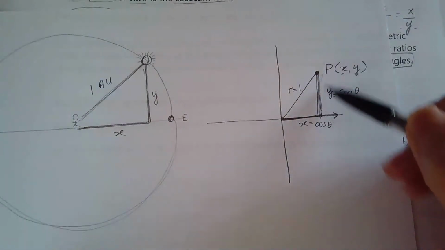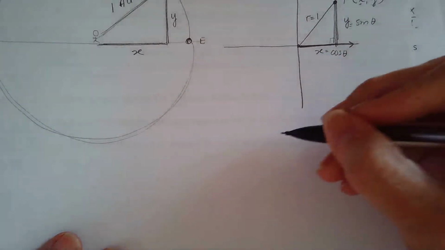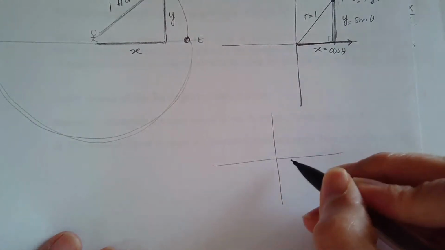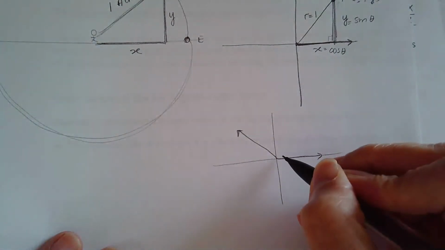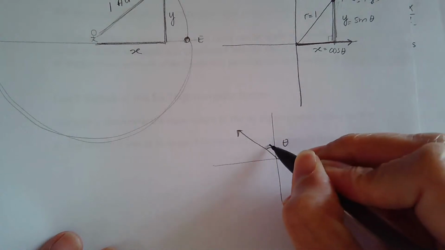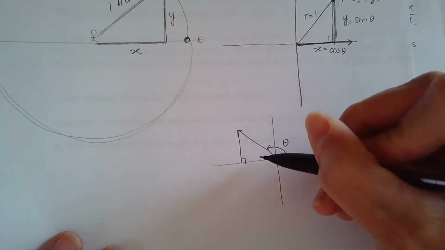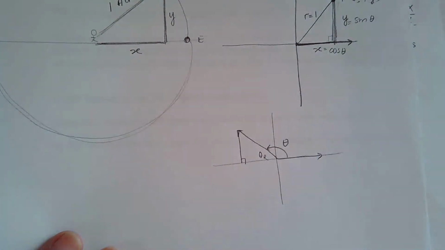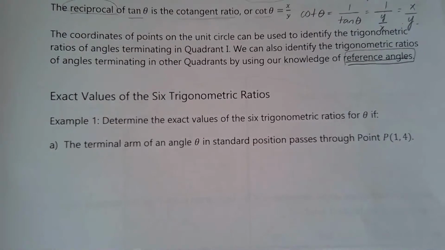It sounds like they're all in quadrant 1, but what if they're in different quadrants? What if we have an angle that falls this way? So this is our theta. What we need to do is figure out our reference angle, because the trig ratio only works for right angle triangles.